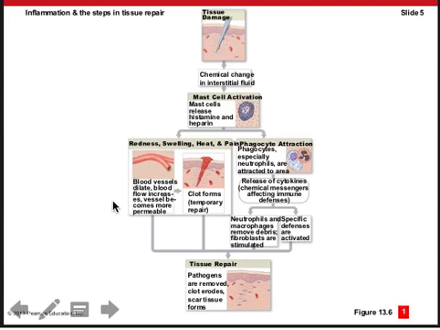The blood vessels dilate, blood flow increases, and the vessel becomes more permeable, and that allows the white cells to get at the injury. Once we deal with the pathogen, we start to see the formation of a clot, which is temporary repair to protect the body from further penetration by pathogens.